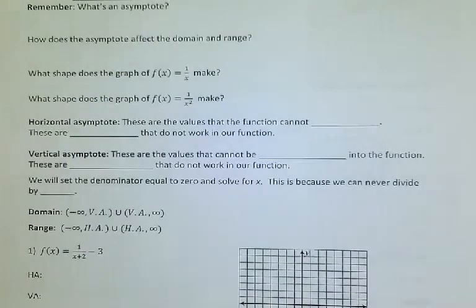Do you guys remember that? An asymptote is a line on your graph, and the shape of your graph gets really close to it, but it never actually touches.